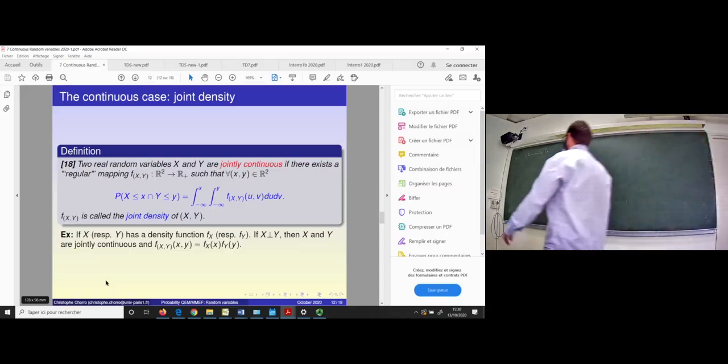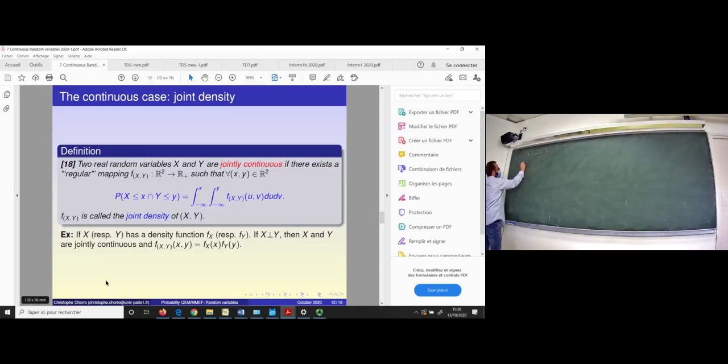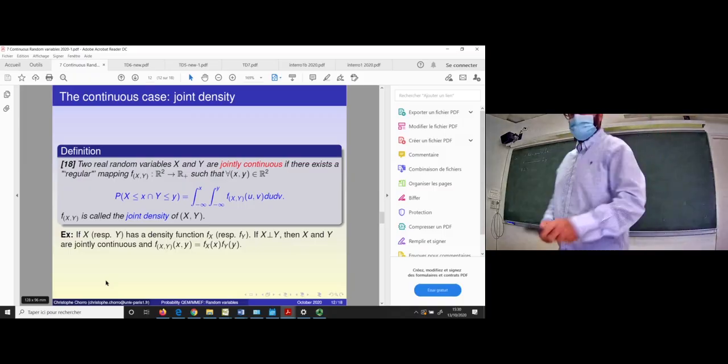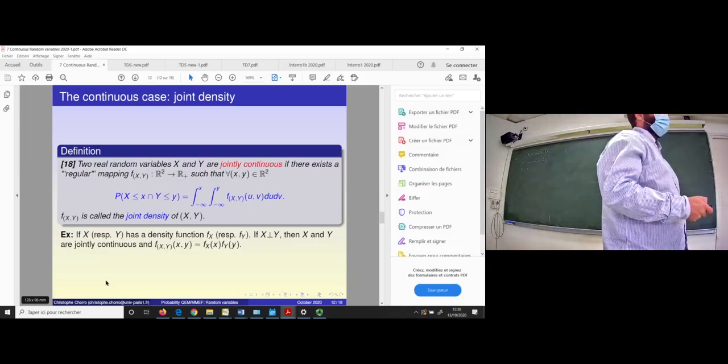I suppose that the same holds for Y. And I suppose them to be independent. Why not? It's my example. In fact, we are going to see that the pair xy has a joint density function in the sense of this definition. Why? If I want to prove that I have a joint density function, I need to check that I have this equality for a particular mapping here.